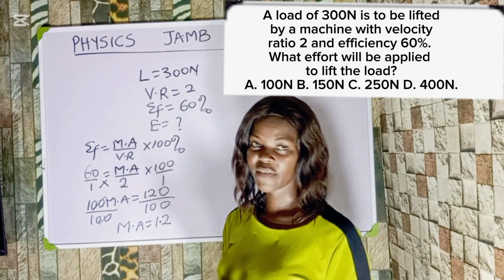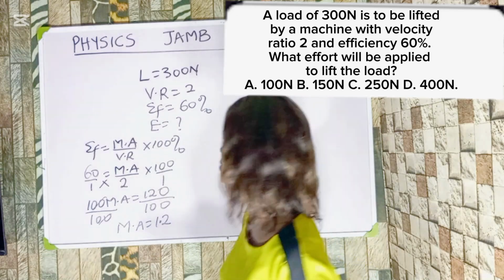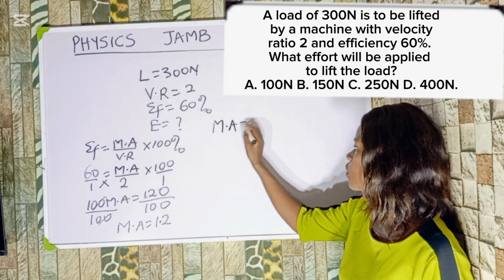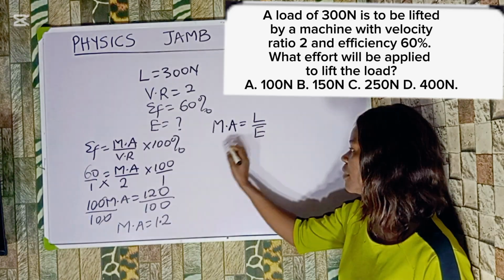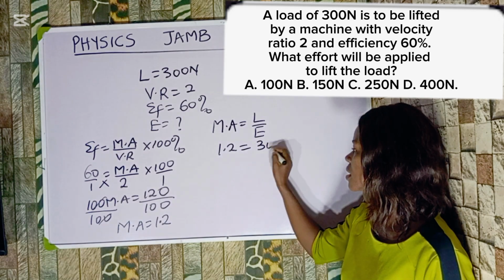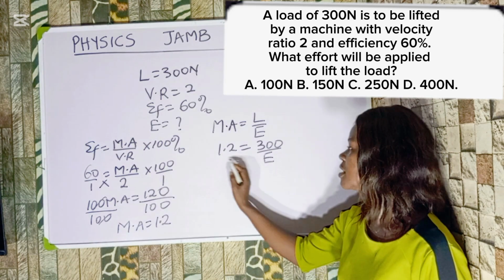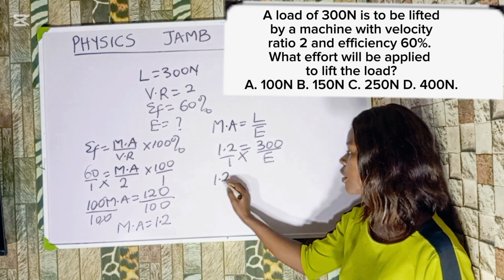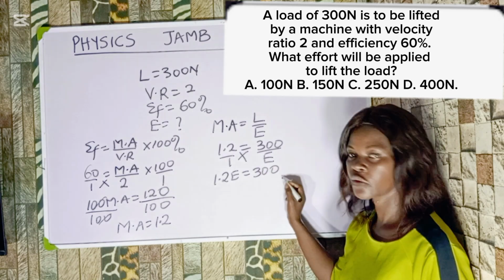Remember, it does not have any SI unit, so let's solve for the effort. Now for the effort, we have MA is equal to the load over the effort, okay? Now my MA is 1.2, then it equals my load, 300, divided by effort, right? When we say cross multiply, 1.2E is equal to 300, okay?